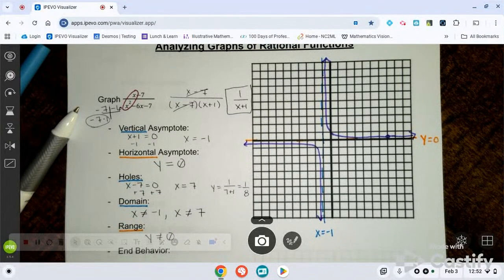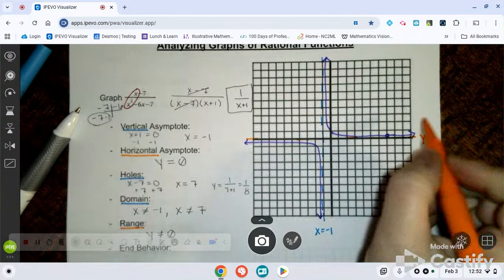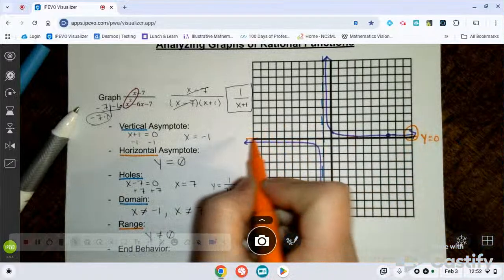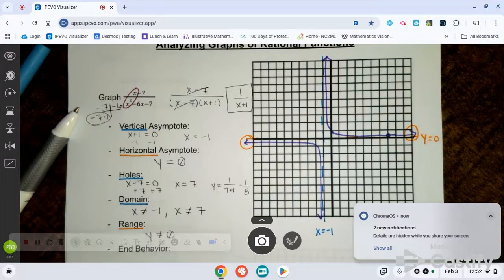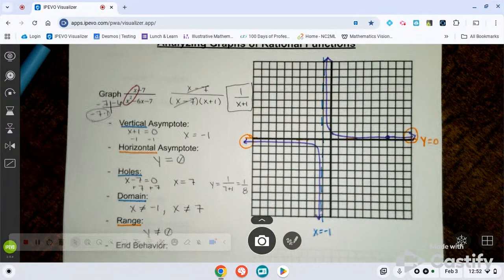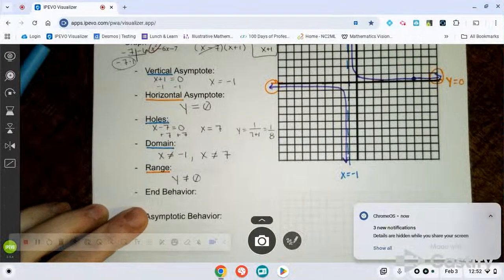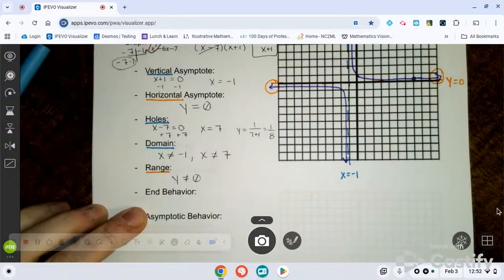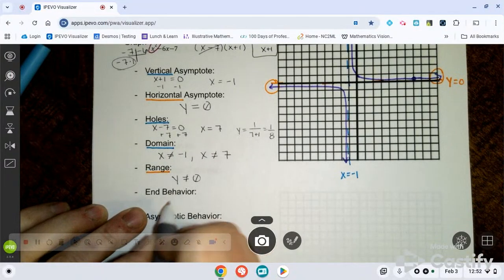Now, when we talk about end behavior, it is going to go off of what is happening with these arrows that are coming in from all the way on the right and all the way on the left. So this part, in terms of writing the end behavior, it is always going to be the same in how we write that.